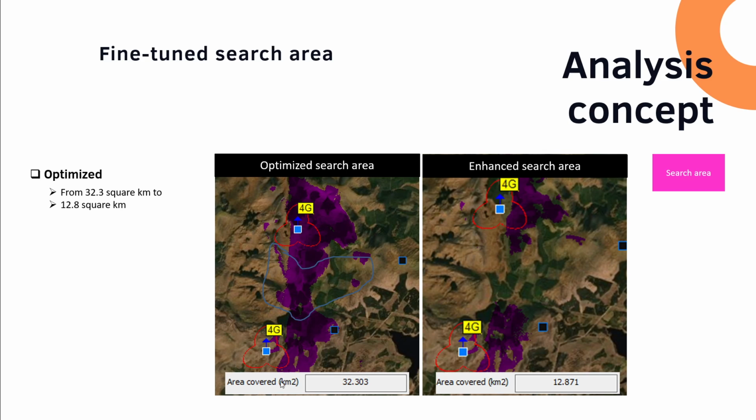So in this particular example we managed to reduce the area from 32.3 square kilometers to only 12.8 square kilometers. This function makes use of the rules of physics, the digital terrain, the technical parameters of the base stations, and the overlap analysis and best server analysis, in order to give you a final picture of where the target area or the search area should be.